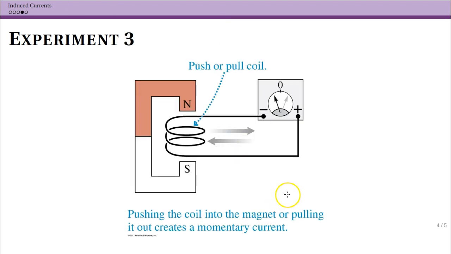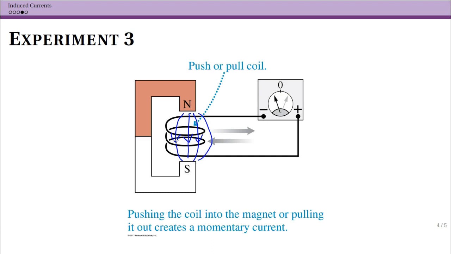Well, what if instead we used a fixed magnetic field, right? So this is a big horseshoe magnet, a big bar magnet, and we're actually going to be pushing or pulling the coil now in or out of that magnetic field. So you can think about there being a magnetic field. Remember that it comes from north and goes to south, right?